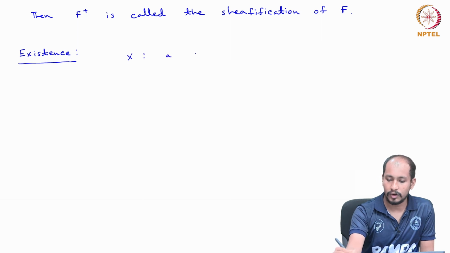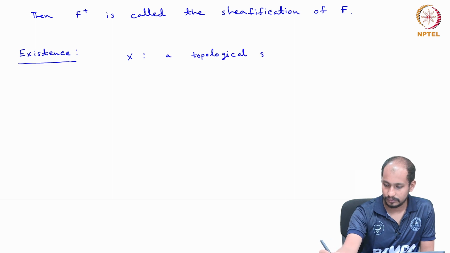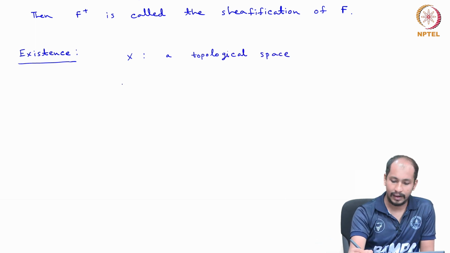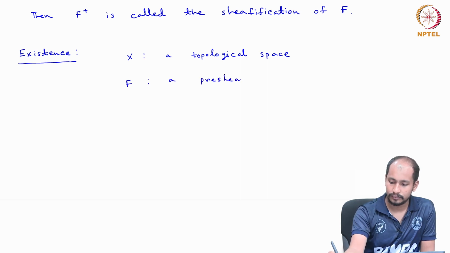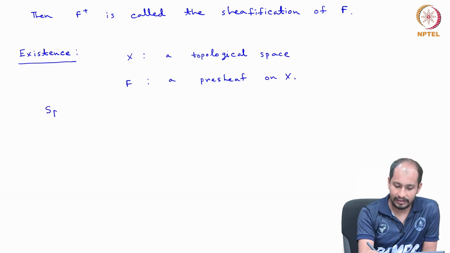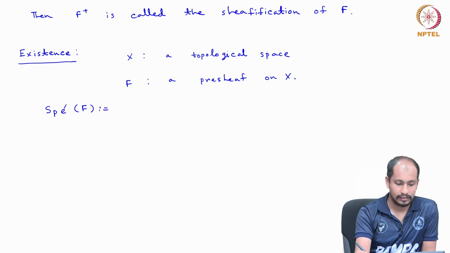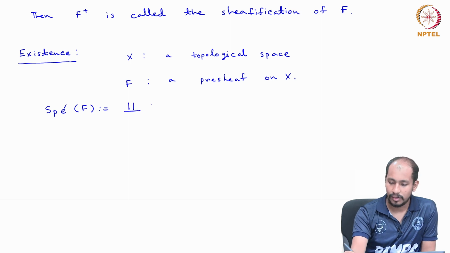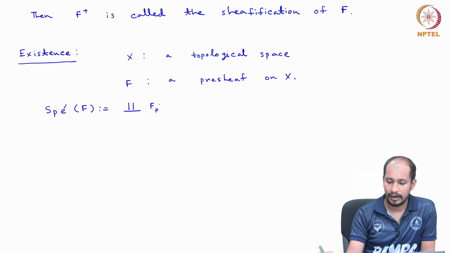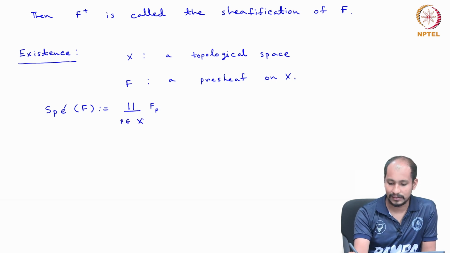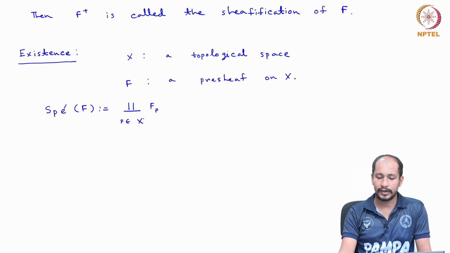Again, consider X a topological space, and F a pre-sheaf on X. Then we define the Etale space as the disjoint union of the stalks F_p, where p is inside X, for each point p inside X, okay.